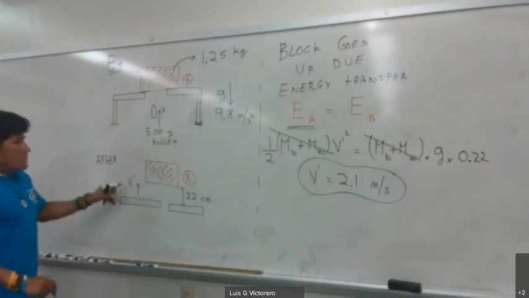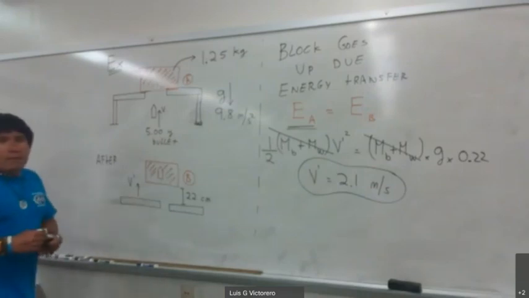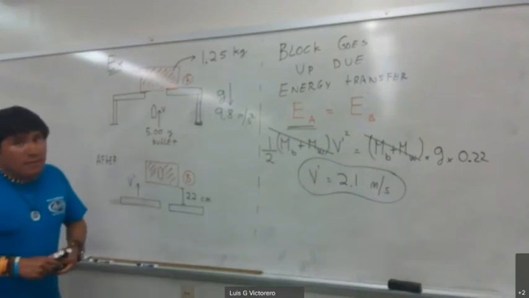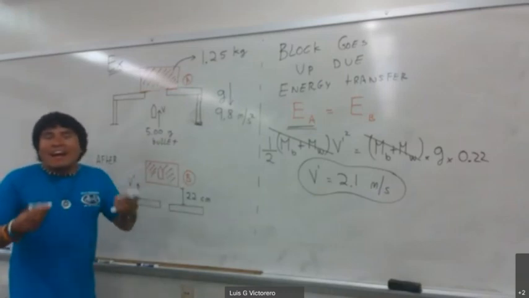And what's V prime? V prime is the velocity of the system when they stick together after the collision.